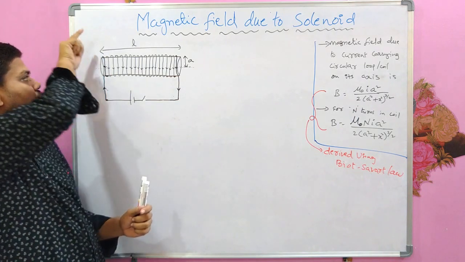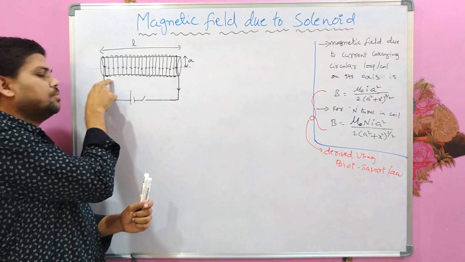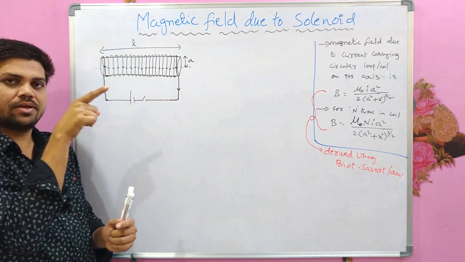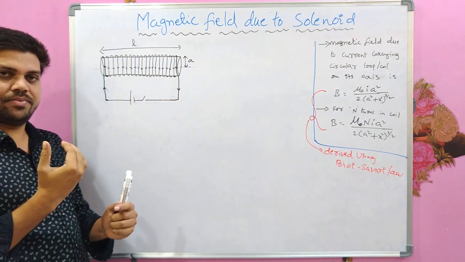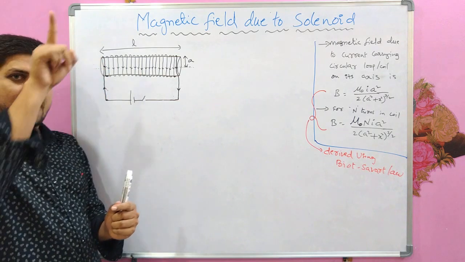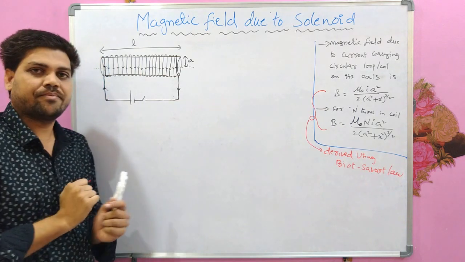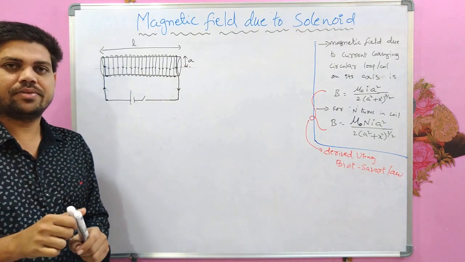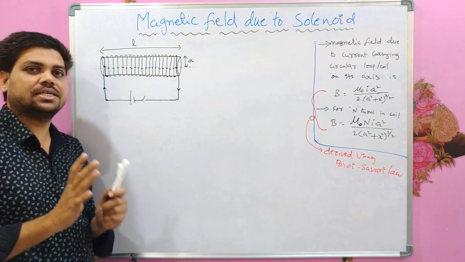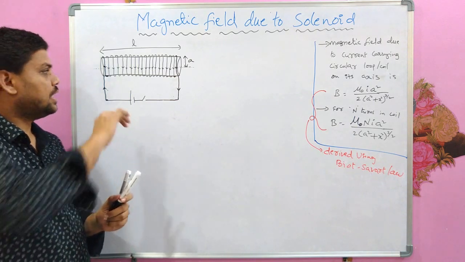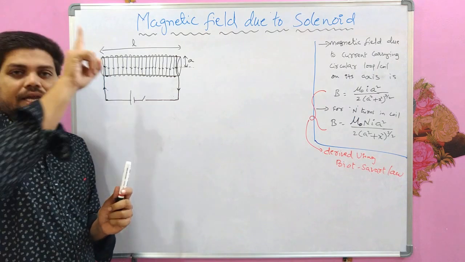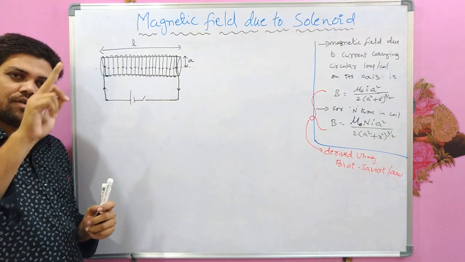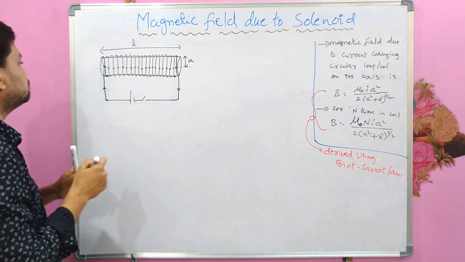It is coming out from the top and entering at the bottom like this. From this side, if I see, the current seems to be in the clockwise direction in this particular case. So the clock face rule tells that the side from which the current seems to be in the clockwise direction is the south pole.